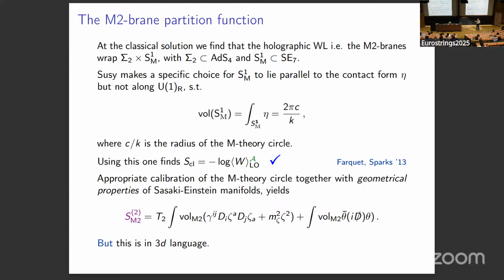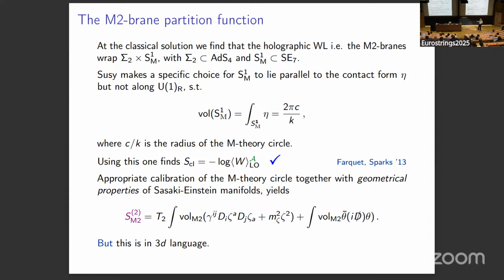And then the fact that you have to do this appropriate calibration of the M-theory circle, together with the geometrical properties of your Sasaki-Einstein 7 manifold, yields this very nice description of your quadratic action in terms of a 3D language.